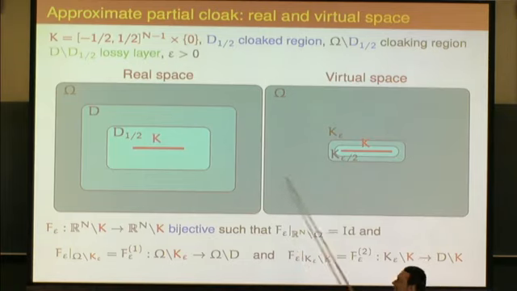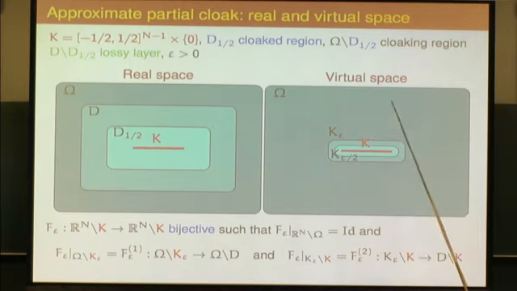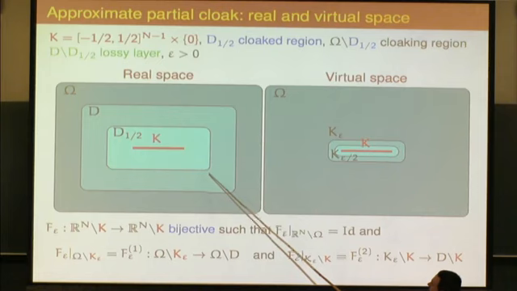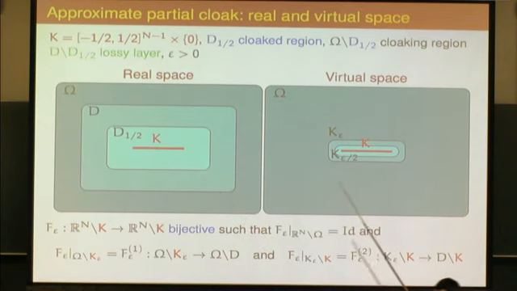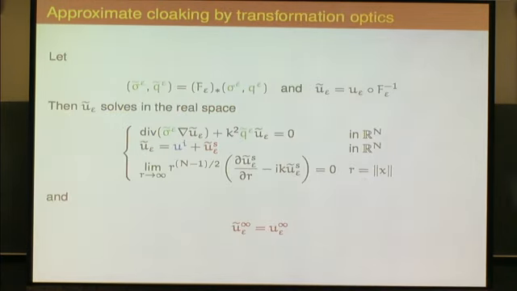So the idea is, okay, we know what happens in the virtual space if we put the right kind of lossy layer in here, and let's try to see what this means if we transfer this situation by these transformation optics into the real space. And this is what we are going to do.